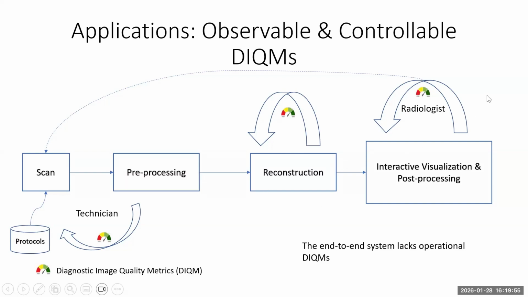And the radiologist, when they visualize and post-process the images, can adjust parameters in the monitor and choose different views and so on. So quality criteria, again, is very important. This makes the job more operational and better informed from that point of view. So it's basically what we were trying to do with this.